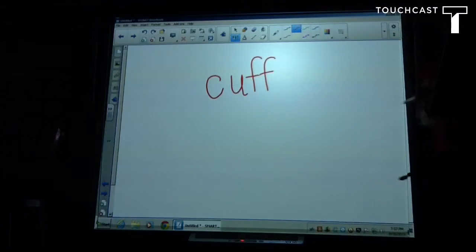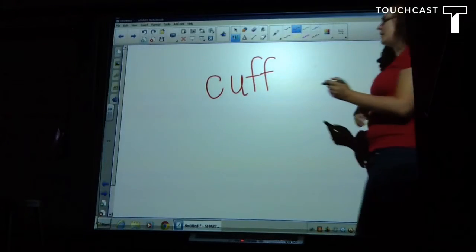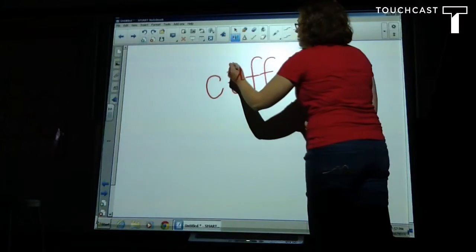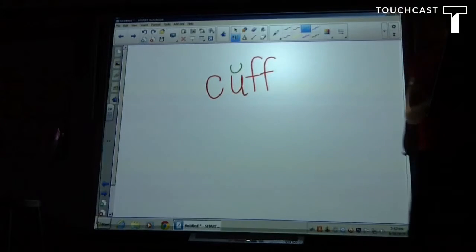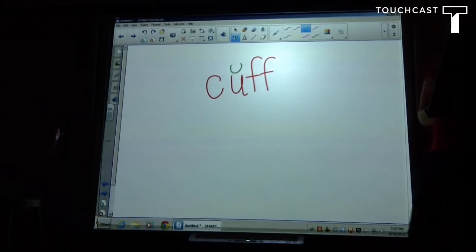Can you tell me which letter is a vowel? U. And how should we code that vowel? With a breve? Why should we code it with a breve? Because it's followed by a consonant. Very good. Do you have any idea how we might need to code that C?